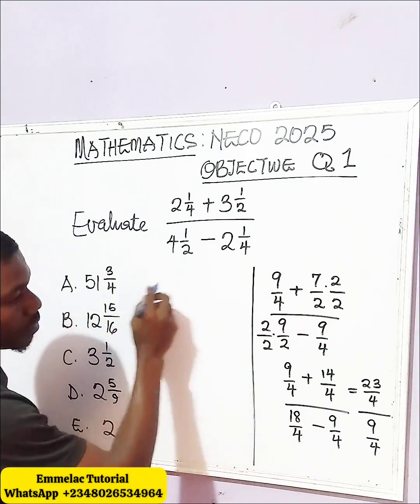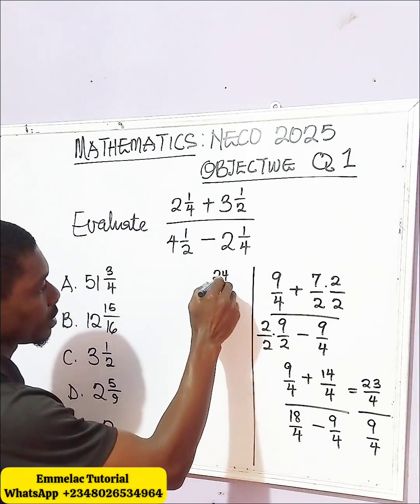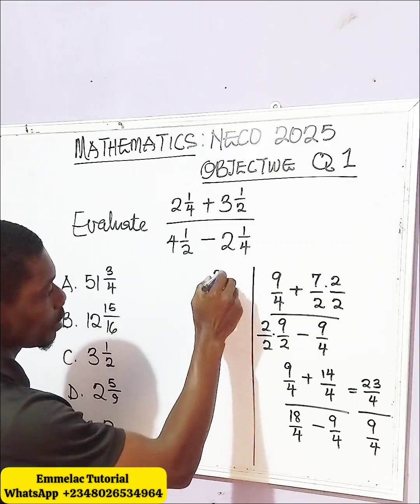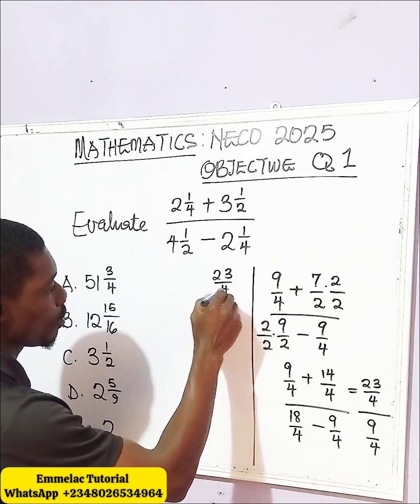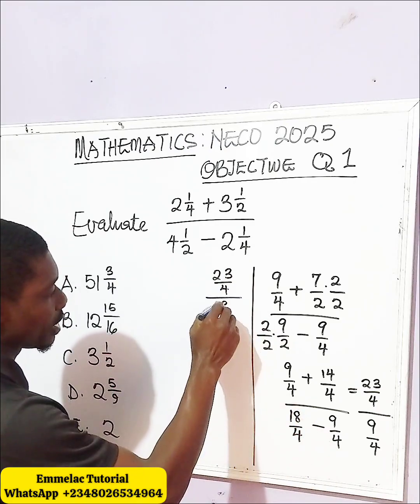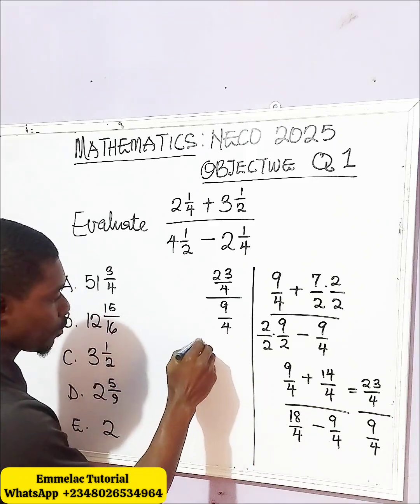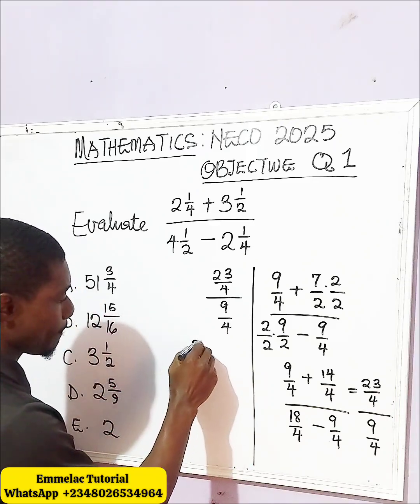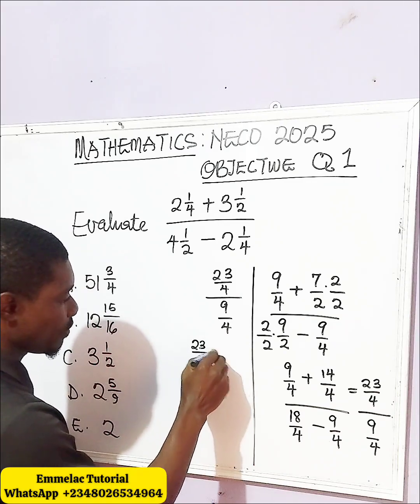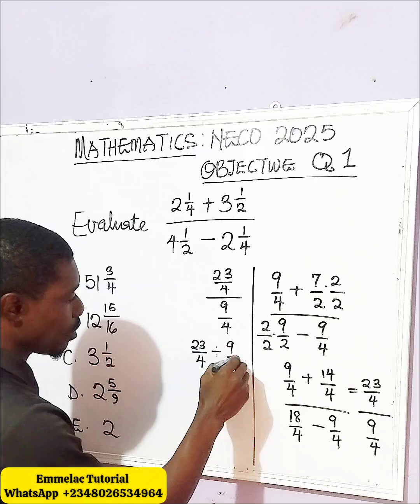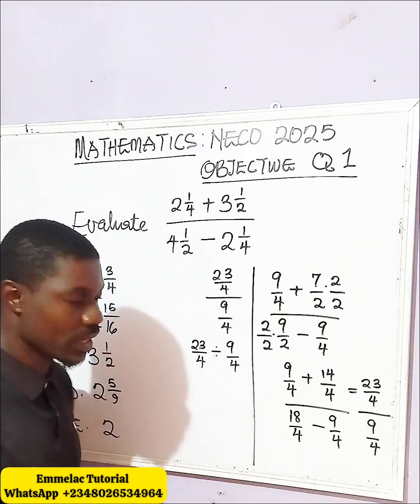So 23 all over 4, all divided by 9 all over 4, is the same thing as saying 23 all over 4 divided by 9 all over 4.